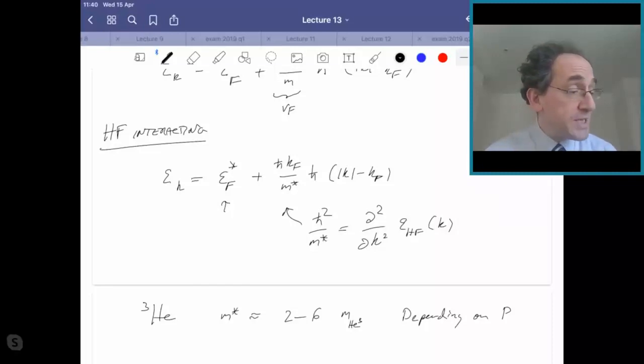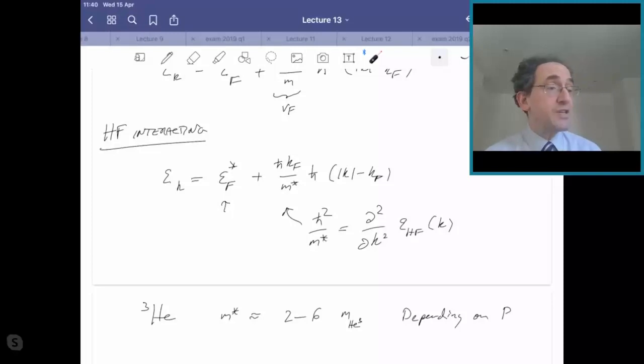So the renormalization of the mass can be extreme. It can be very strong renormalization of the mass, entirely due to interactions.